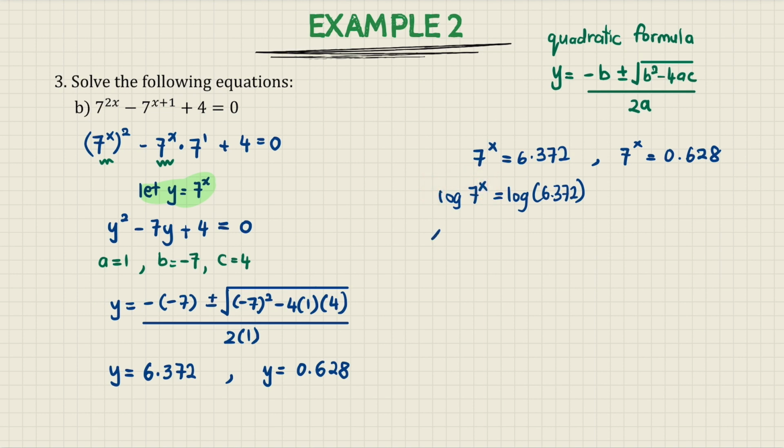Okay, so we have x log 7, okay, equals to log of 6.372, and x will be equals to log of 6.372 divided by log 7, and here your x will be equals to 0.9517.